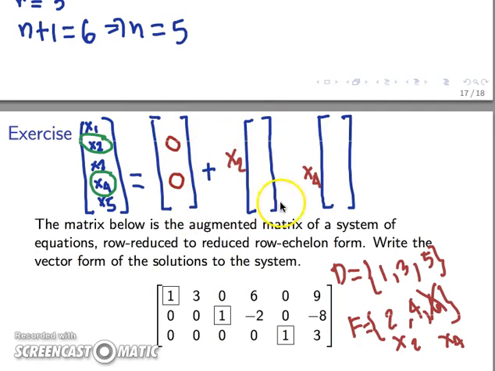Remember, these are blank vectors. Each of them is going to store 5 entries. And on the vectors that are part of this linear combination, we're going to put a 1 on position 2 of this vector, and in position 4, we're going to put a 0. That means that when we carry out this scalar multiplication, we're going to end up with an x2 expression on the second entry and a 0 on the fourth location.